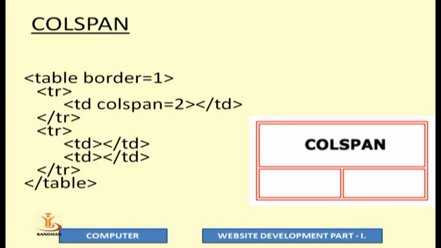That means it has been merged in the mode of colspan. So here you have to write colspan equal to 2 in your TD tag. And when you are extending the TD tag, in that case what will happen? As the cell is already extended, you don't have any option to declare a second TD. So in this way you can merge your cells.